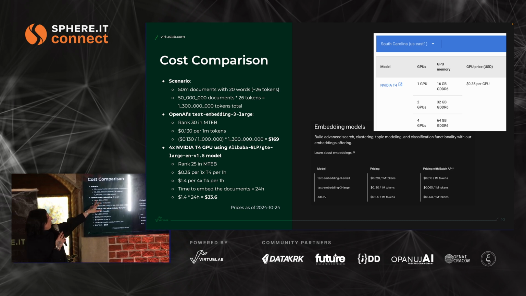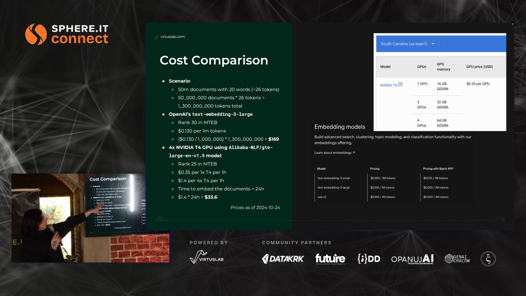And the pricing for the best OpenAI embedding model, which ranks 30 in MTEB, is $0.13 per 1 million tokens. So if we multiply it, we get $170 to embed these 50 million documents.